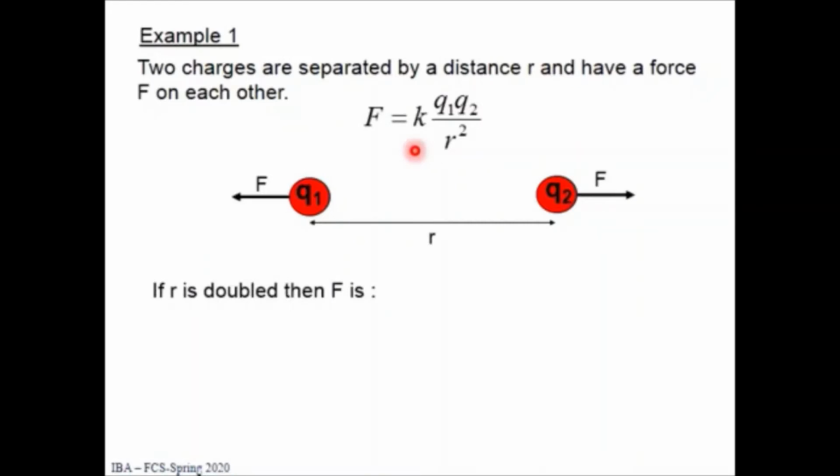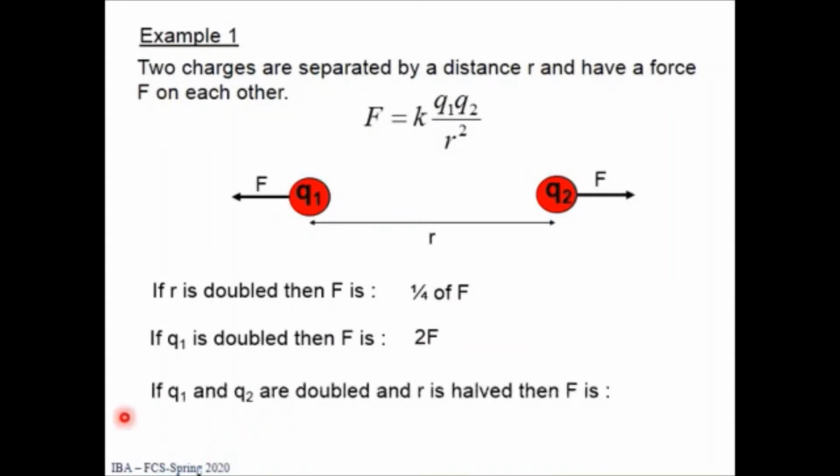For example, if R is doubled, then the new force would be 1/4 of F. And if Q1 is doubled, you just replace Q1 with twice Q1, then of course the new force would be twice the initial force.